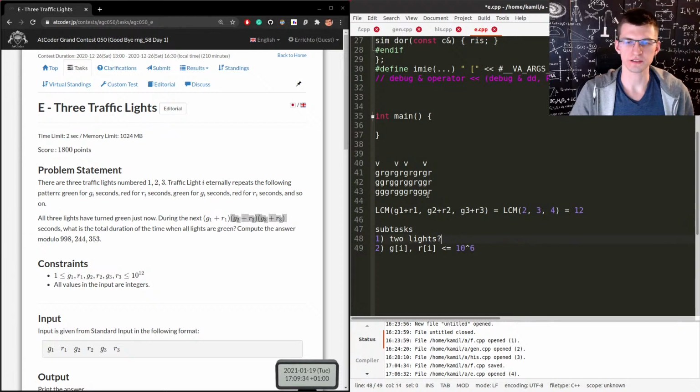All right, 2 lights. When we look at 2 lights, if cycle sizes are coprime, then I would say that everything gets repeated, that everything is very regular.